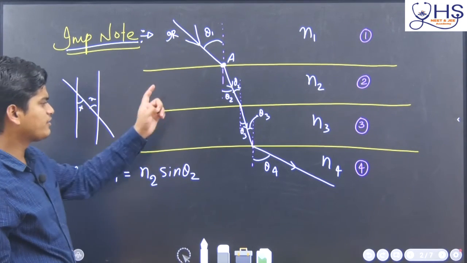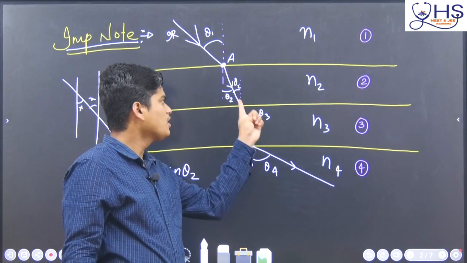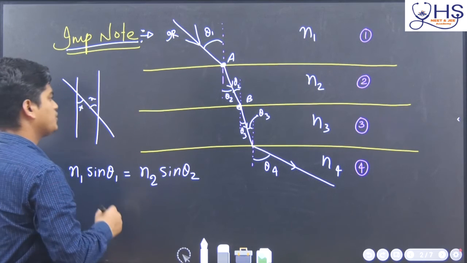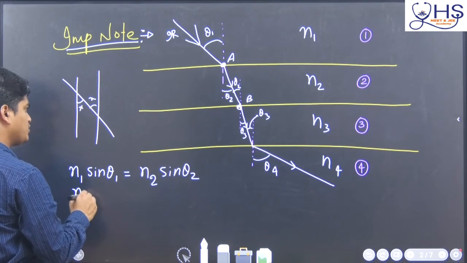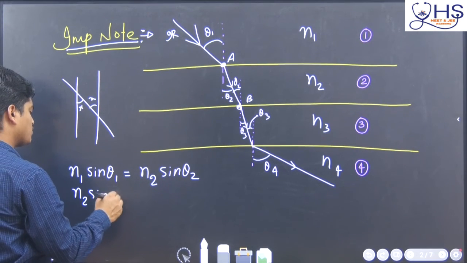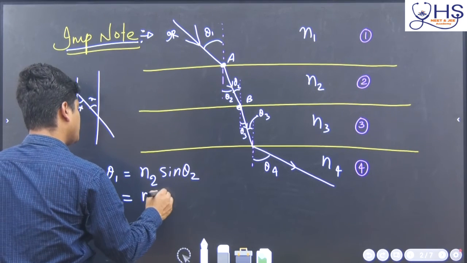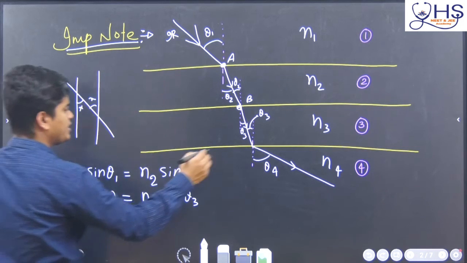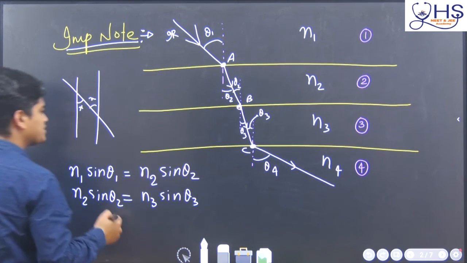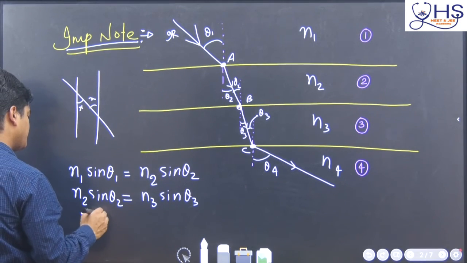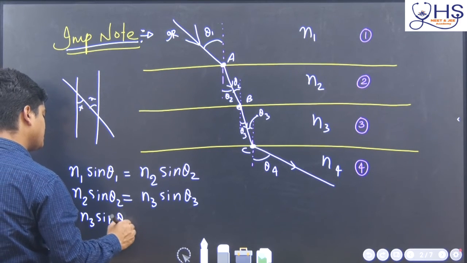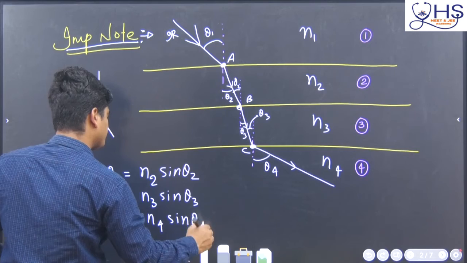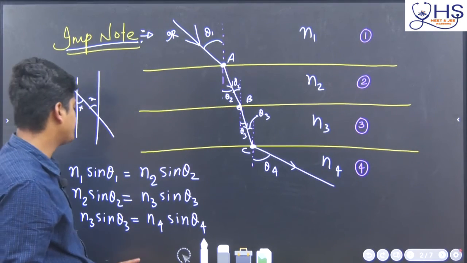Similarly at this point B, if you apply Snell's law, you can write n2 sin theta 2 equal to n3 sin theta 3. Now similarly at this point C also you can write Snell's law, n3 sin theta 3 is equal to n4 sin theta 4. So like this way you can write here.